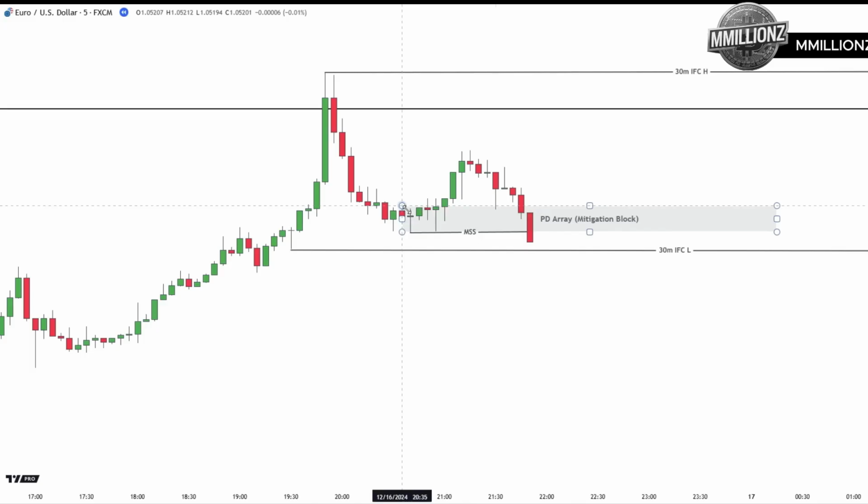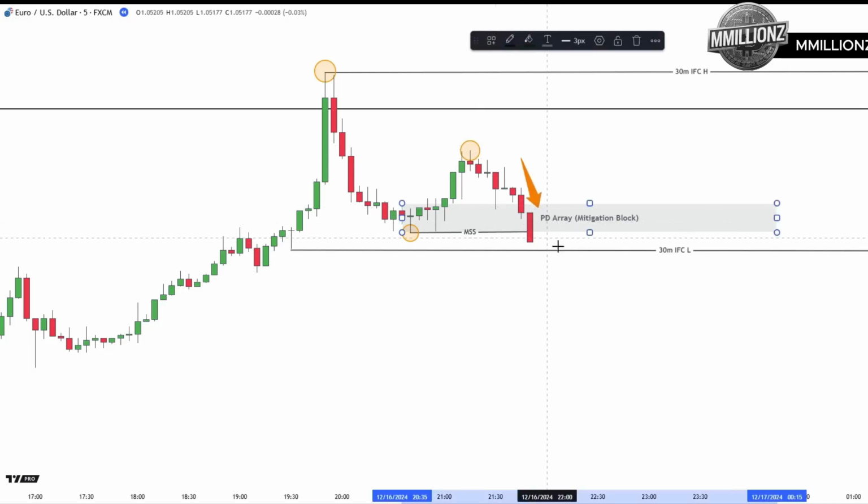Which in this case is a mitigation block. The sequence is clear. A swing high, followed by a swing low, then a lower high, and an immediate reversal. It's important to note that this differs from a breaker block, as a breaker requires the formation of a higher high, not a lower high.